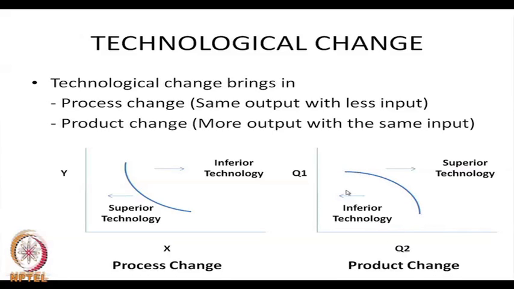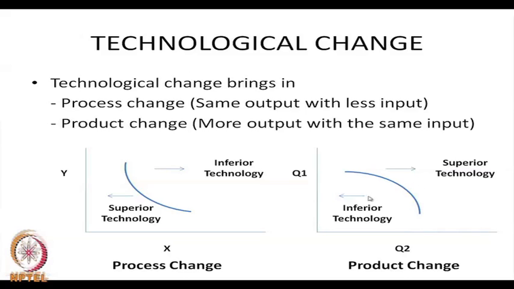Now, if we are using superior technology, then with the same input the product transformation curve will move outward, indicating that we are able to get more output for the same input.